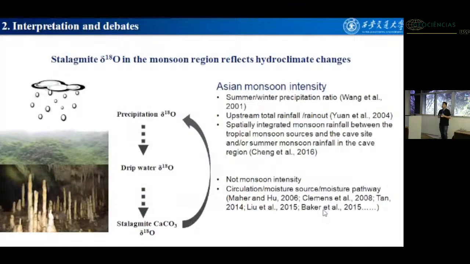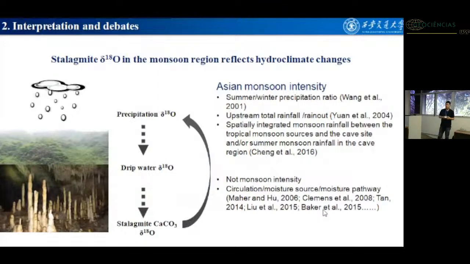Okay, now I think we can understand that stalagmites in the monsoon region reflect hydroclimate changes, especially precipitation delta 18O. So what factors influence the precipitation delta 18O?